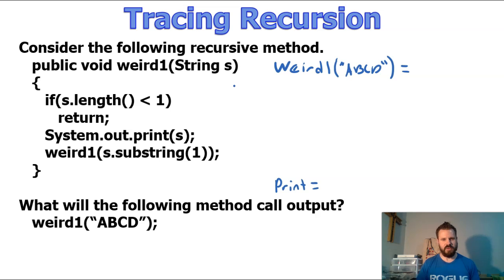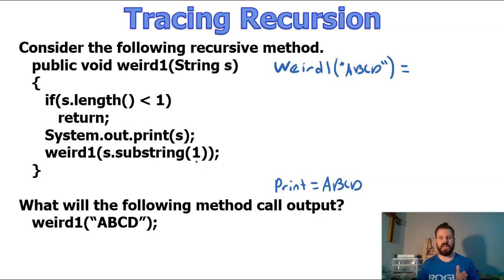Okay, what does this method do? How does it work? Well, if the length of our string we plug in is less than 1, we'll return. Okay, so that's our base case. If not, we're going to print the string s. So right off the bat here, I'm going to say print ABCD. And then we'll call weird1 on the substring of 1.